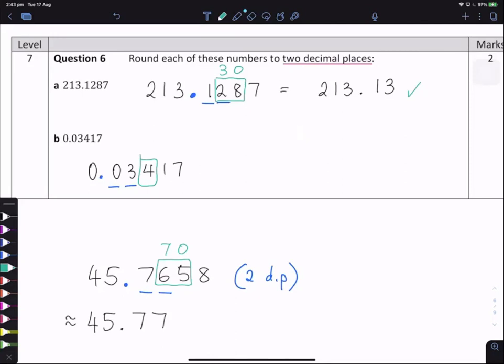Is it just the 4 or do we? Hello, I need you guys to answer. Help me out here. Have a look at the other examples, yeah? Zero.